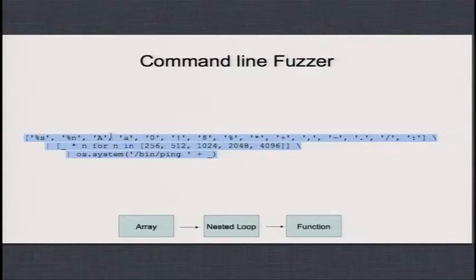We'll take each character and multiply it by these different sizes. So essentially, if we look in the program, we will have the %s as a character, and then it will be multiplied by these values, creating a big buffer. And this big buffer will essentially be passed, in this example, into /bin/ping as a command argument.